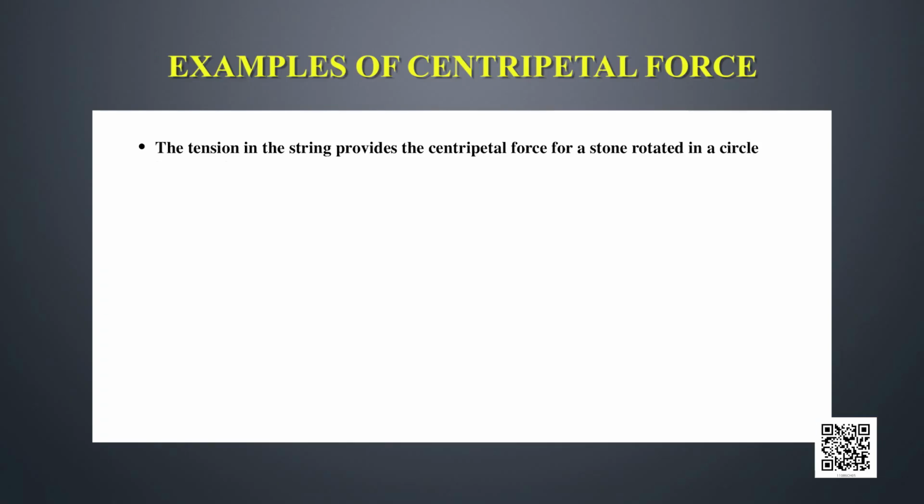Now, some examples of centripetal force. The tension in the string provides the centripetal force for a stone rotated in a circle by a string. You must have tried this example. Whenever we move a stone along a circular path with the help of a string, a tension is produced in the string.